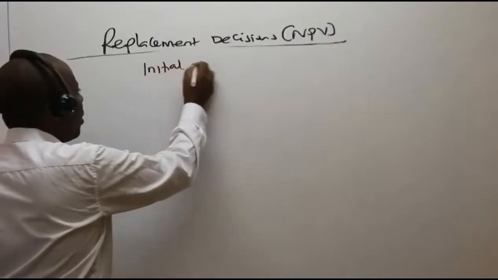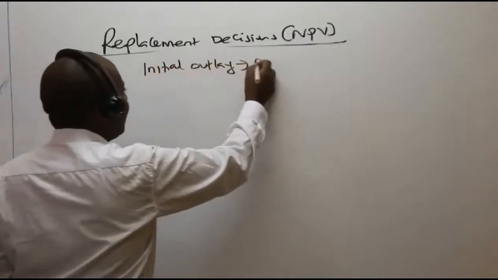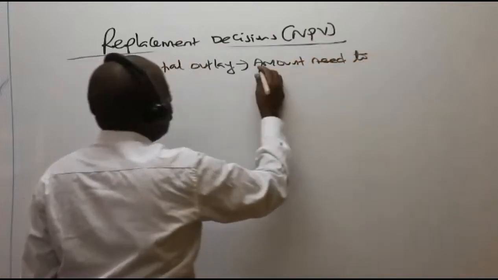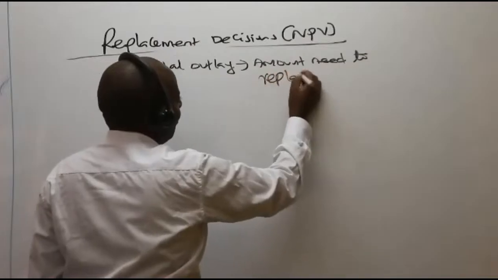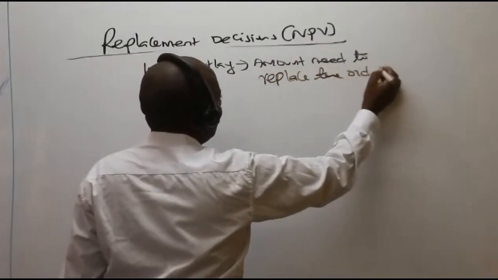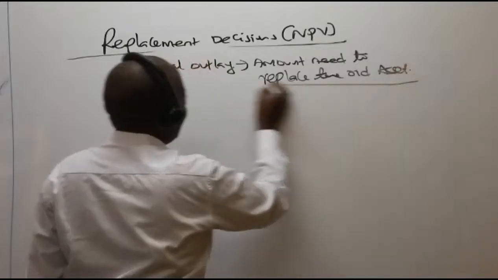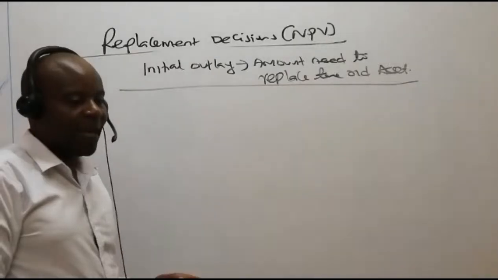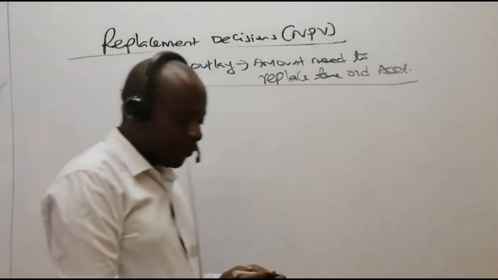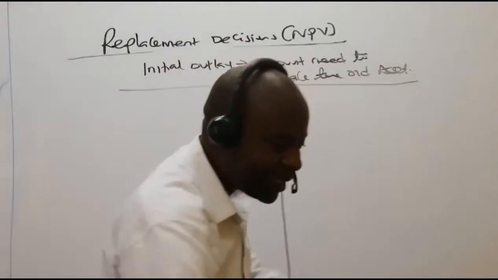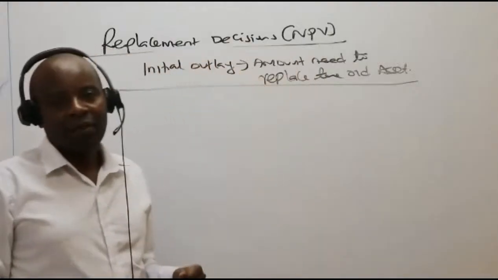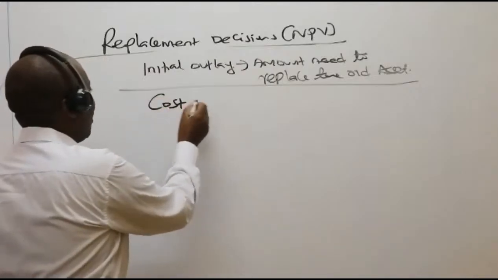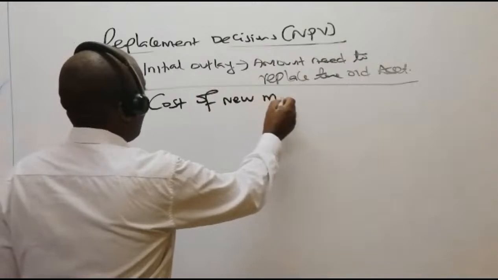The initial outlay is the amount needed today to replace the old asset. This is very easy, because I look at the cost of the new machine. So we have here the cost of the new machine.